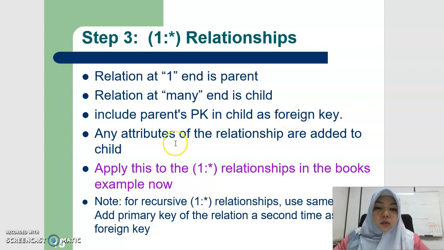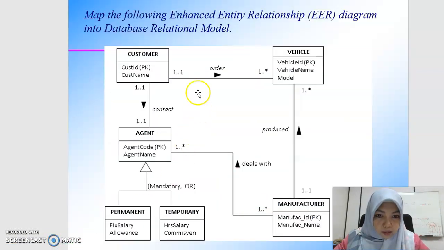So here you have to take the primary key from the one side as parent and the many side as child. So customer becomes parent and vehicle becomes child.